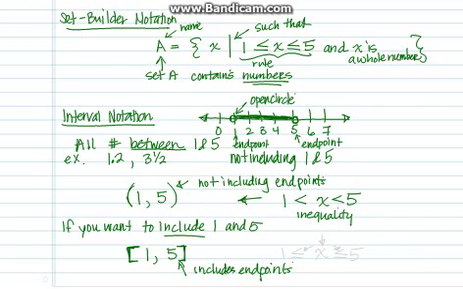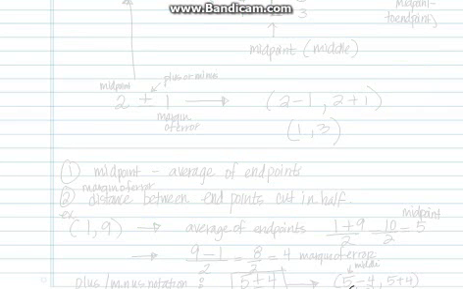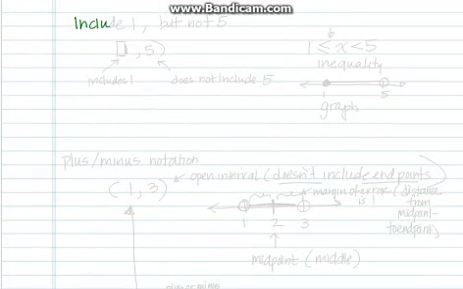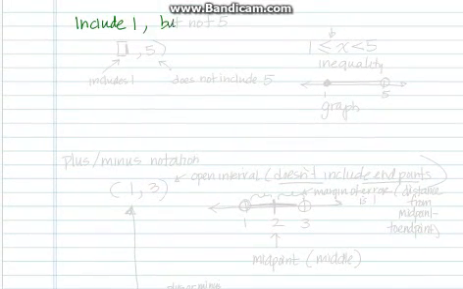On the other hand, down here, we're saying that 1 is less than or equal to x, which is less than or equal to 5. So this little x is sitting in the middle, smaller than or equal to 5 but greater than or equal to 1. Sometimes we only want to include one of the endpoints. If we want to include 1 but not 5, we write a bracket on the 1 to say that 1 is included, and on the 5 we write a parenthesis to say it's not included.